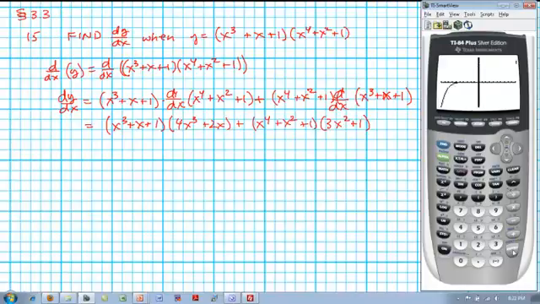In zoom fit, of course, it looks for all the essential elements of the graph, and then tries to find a curve that looks best to that. We're going 10 by 10. Oh my, those are very, very large numbers. Okay, so maybe zoom standard would be better. And what do we see?